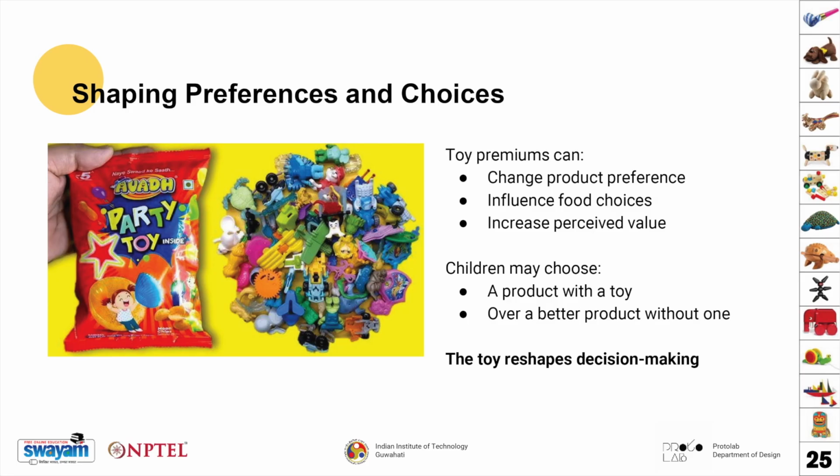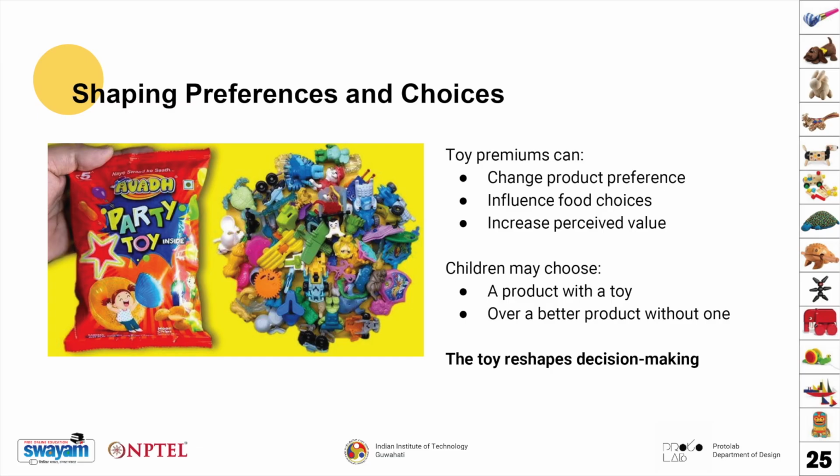In some cases, the presence of a toy can even shift preferences towards products that would otherwise be less appealing. This demonstrates that toy premiums can influence not only what children want, but also how they evaluate choices.